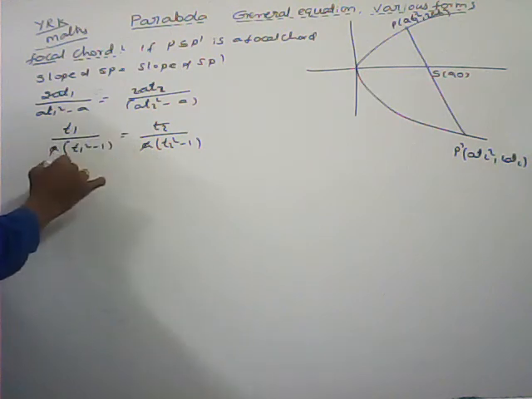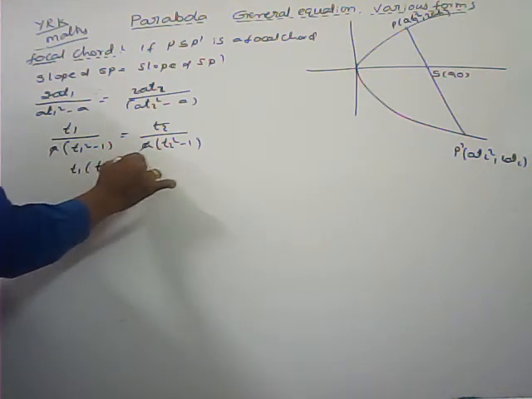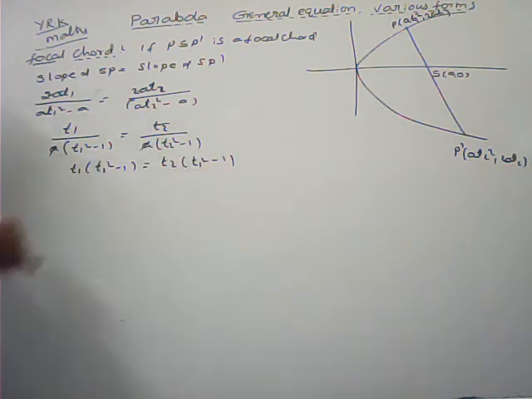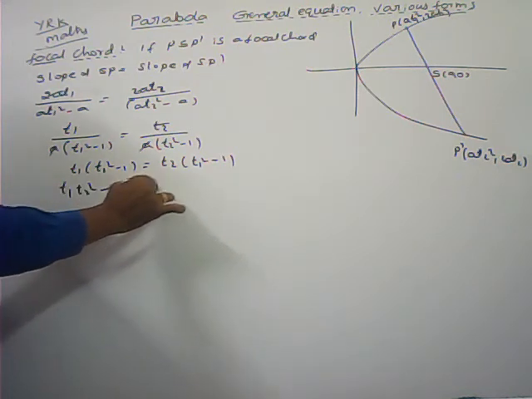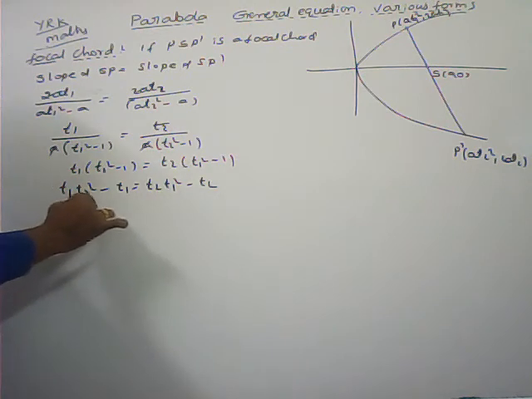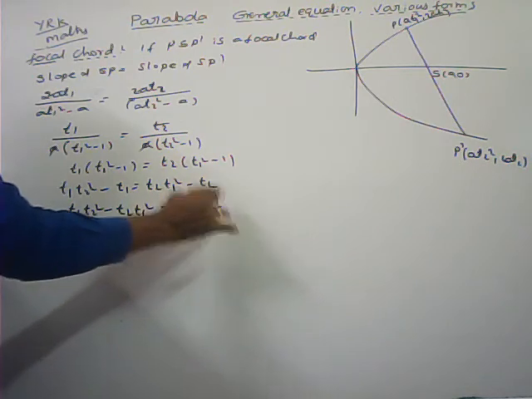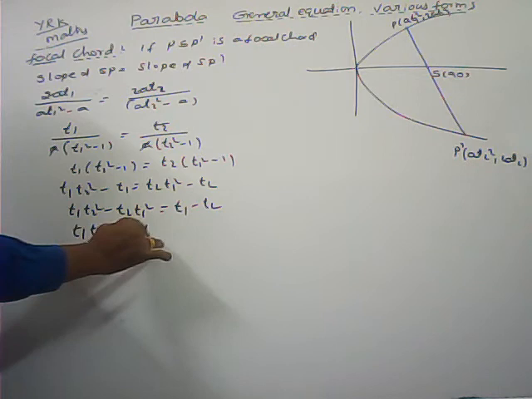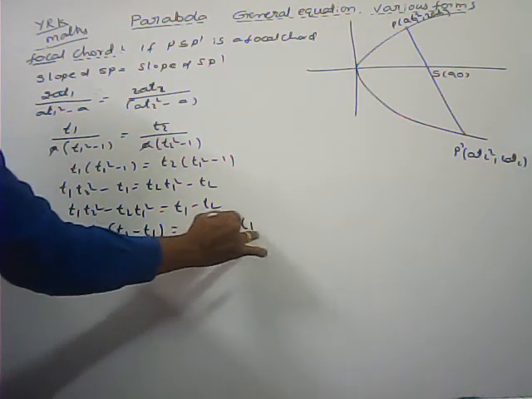Take the cross multiplication: t1(t2² - 1) = t2(t1² - 1). Now t1t2² - t1 = t2t1² - t2. So t1t2² - t2t1² = t1 - t2. From the left terms I take t1t2 common: t1t2(t2 - t1) = -(t2 - t1).